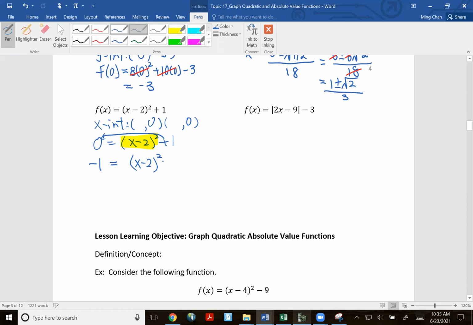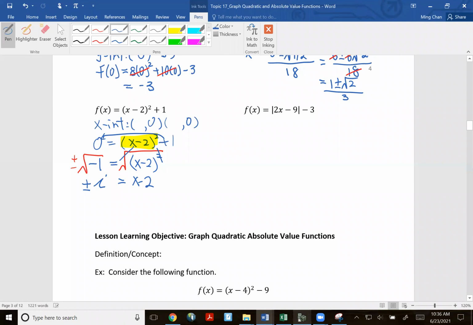To get rid of this square, I will take a square root on both sides. When I take a square root on both sides, my answer is always positive and negative. So square and square root cancel out, and I end up with x minus 2 equals positive or negative. Do y'all remember what square root of -1 is? Square root of -1 is i.